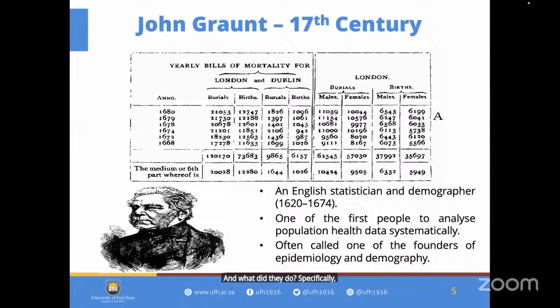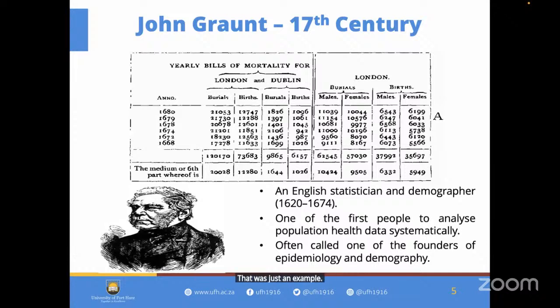Specifically, he tried to map out numbers of births at a particular place, numbers of deaths at a particular place. He went as far as disaggregating them by either male or female. He was able to say, in a particular place, there are 1,000 males that were born as compared to 500 females. That was just an example.